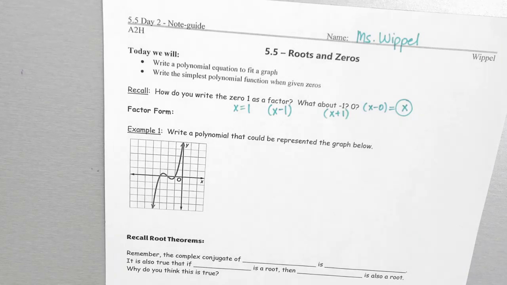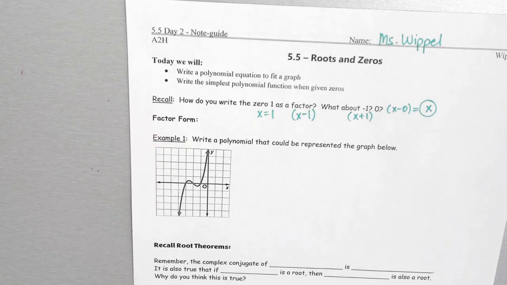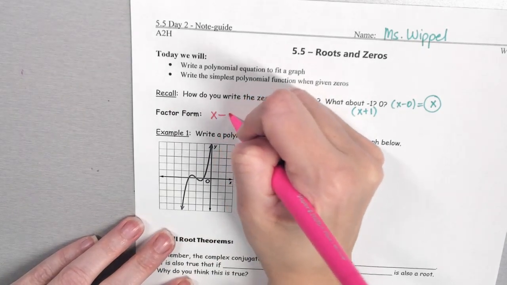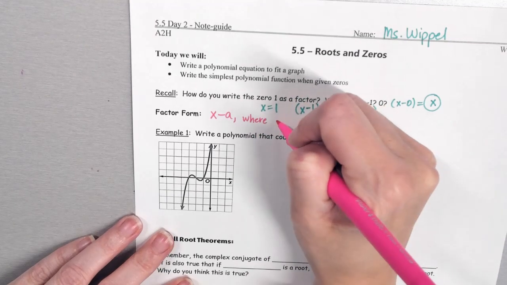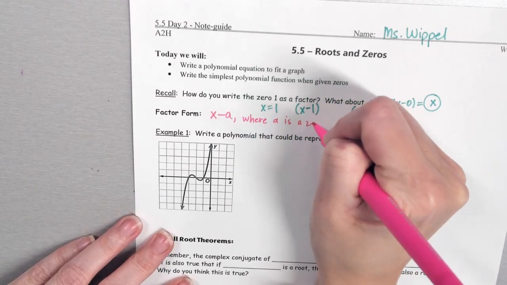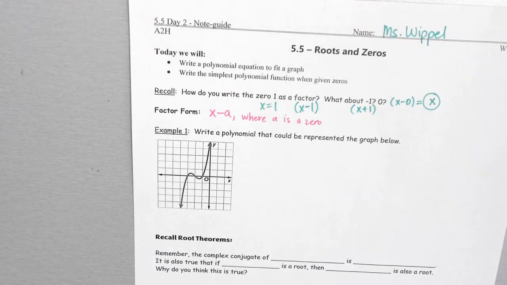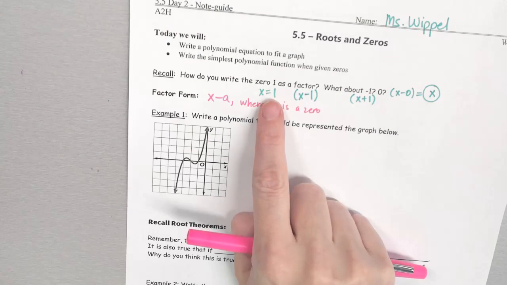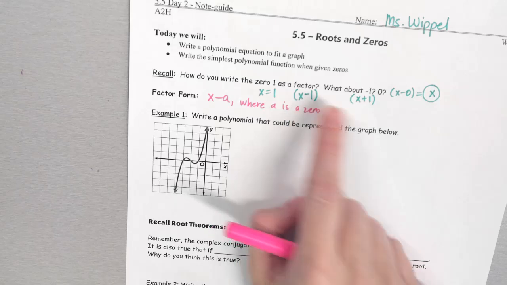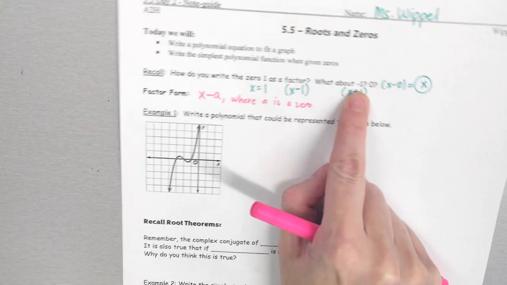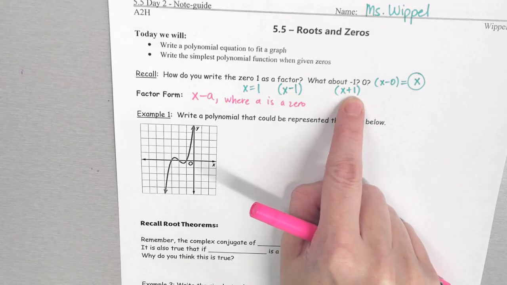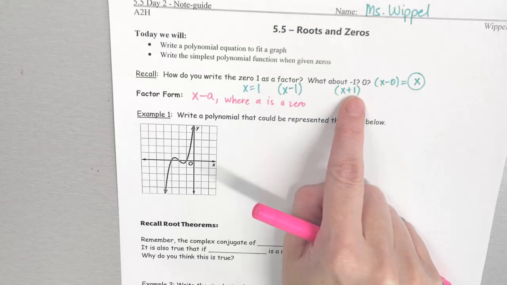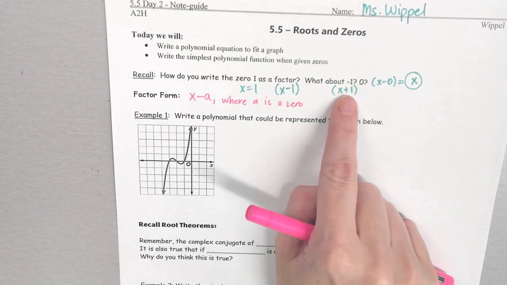So in general, your factor form is going to be x minus a, where a is your 0. So if your 0 is 1, it's x minus 1. If your 0 is negative 1, it's x minus negative 1. And how do we simplify minus a negative? Plus. So that's why this one is plus and not minus, because we simplified it.